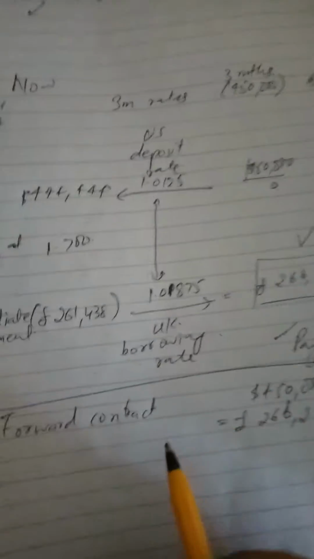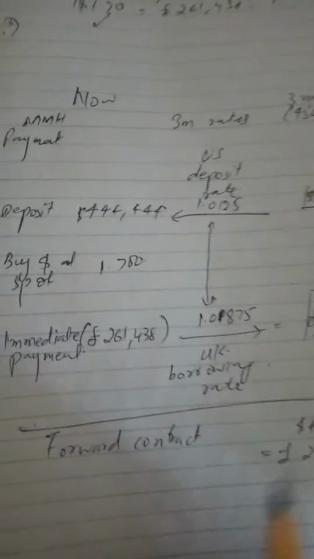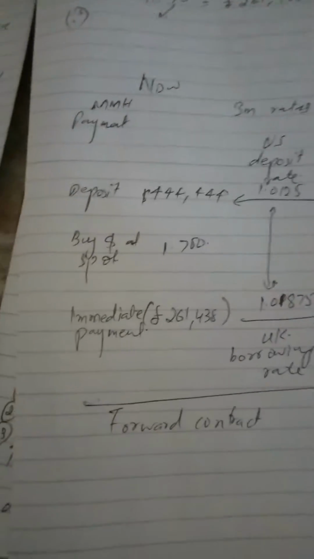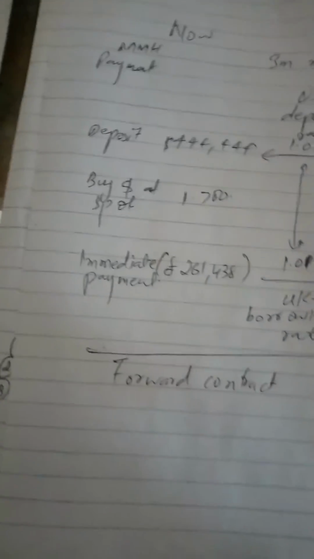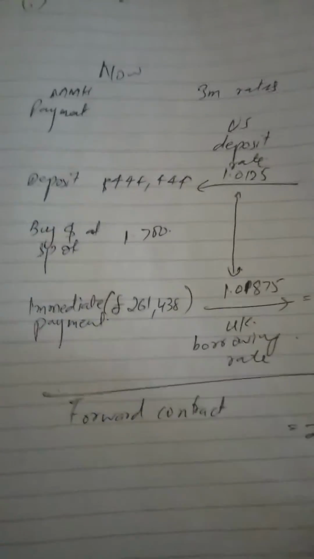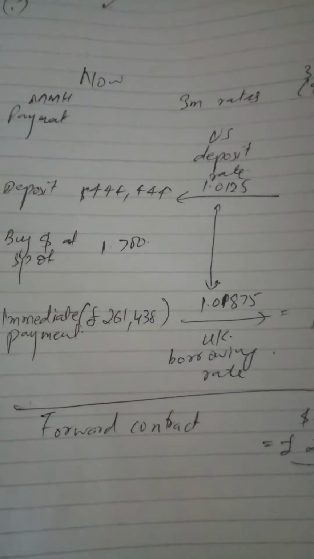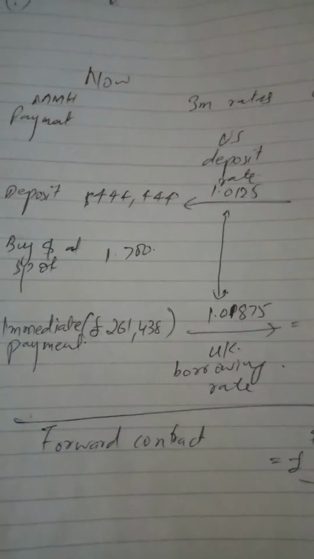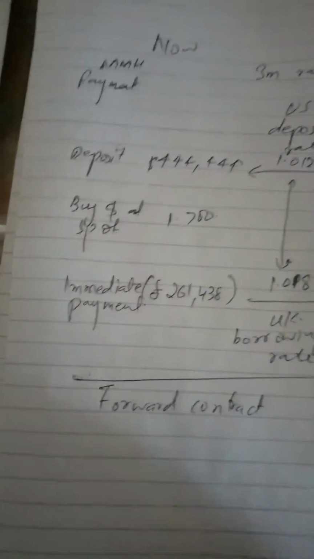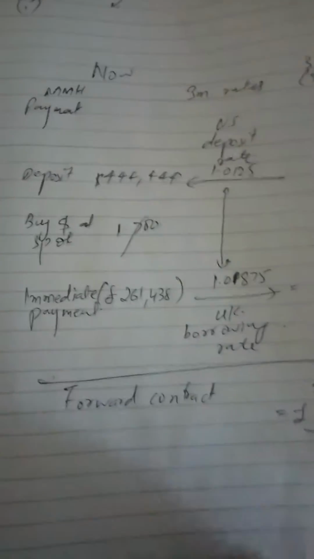This one is economical. 266,241 is economical as compared to 266,340. So we say that the cost of the forward contract is more suitable in this case. This is how you're going to deal with it.